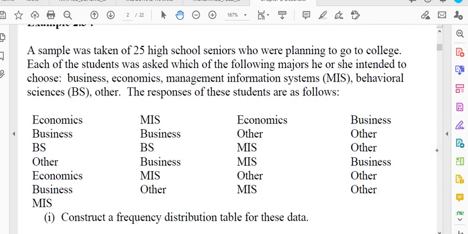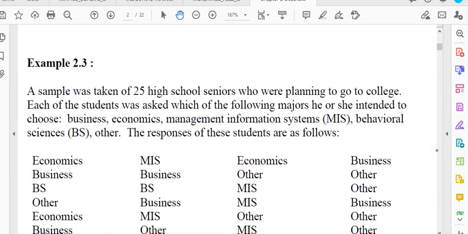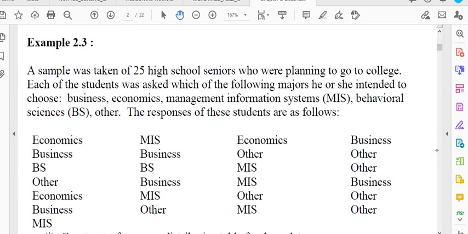Look at the example here. A sample was taken of 25 high school seniors who were planning to go to college. Each student was asked which of the following majors he or she intended to choose: business, economics, management, information system, behavior sciences, and others. The responses are as follows.